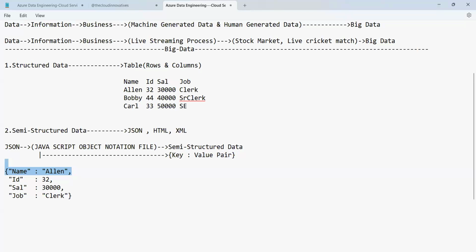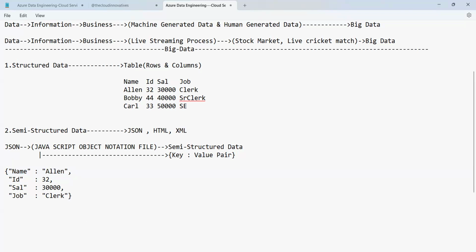Everyone is clear with this? Please respond. Yes, sir. Okay. So it is called a key value pair, whereas this whole thing is called JSON.